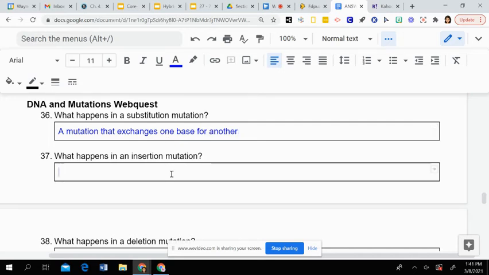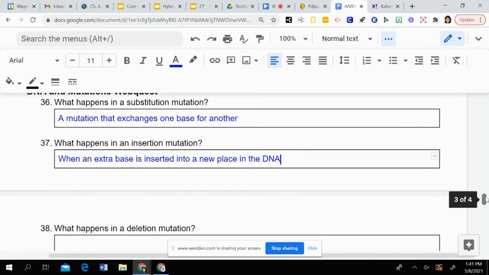An insertion mutation is when an extra base is inserted into a new place in the DNA. So you are adding more bases in. Okay.